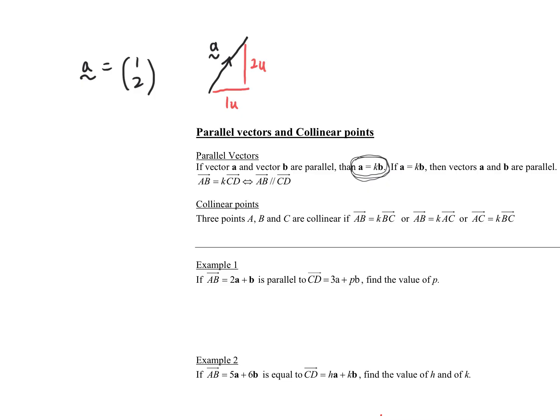Okay, then I have another vector B. I say it's 2, 4. So it means if I draw the vector B, it is 2 units in the x direction and 4 units in the y direction. So what they are trying to tell me is, if I can express B as a ratio of A, then they must be parallel.